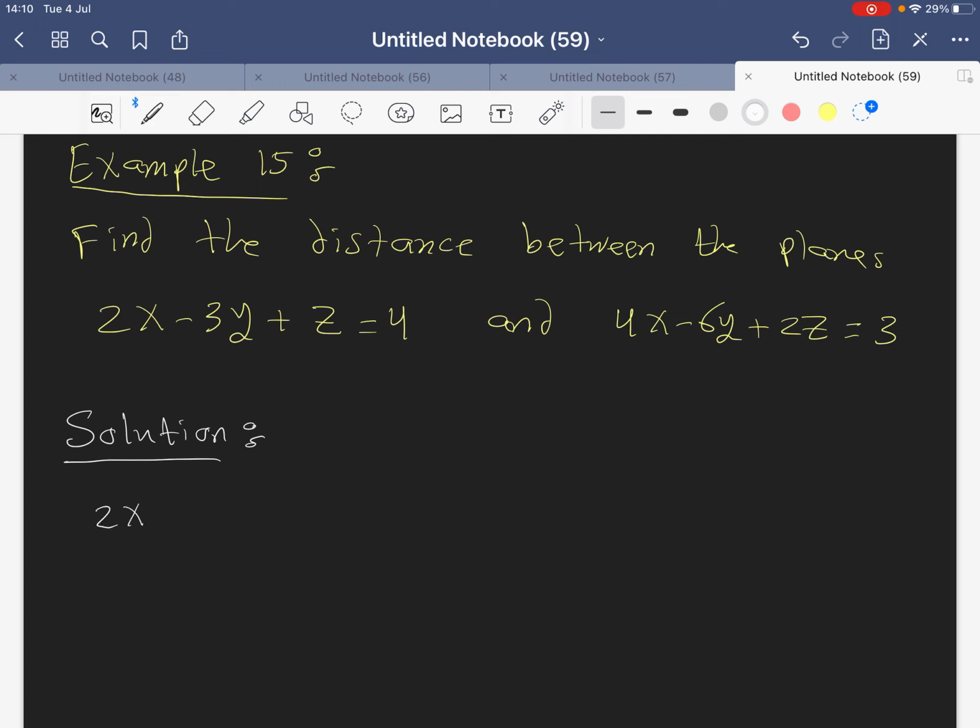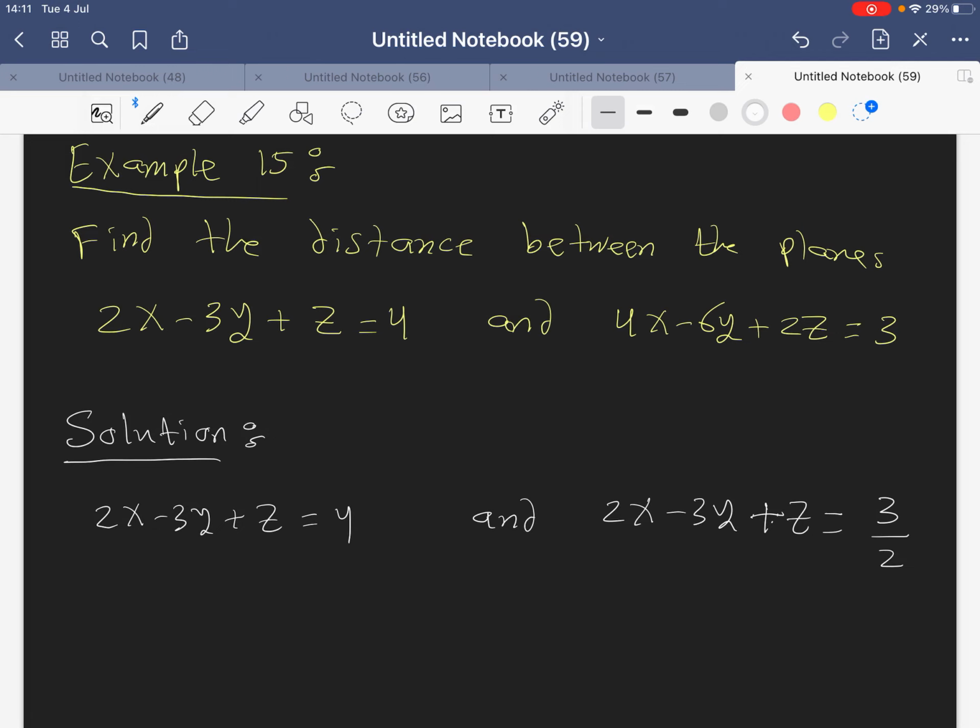So the first equation, if we write it down, it will be equal to 4. And now here, I think there is a common factor, which is 2. So I can divide everything by 2. If we divide everything by 2, we get 2x minus 3y plus z, which is exactly what I want. And then I have 3 over 2.